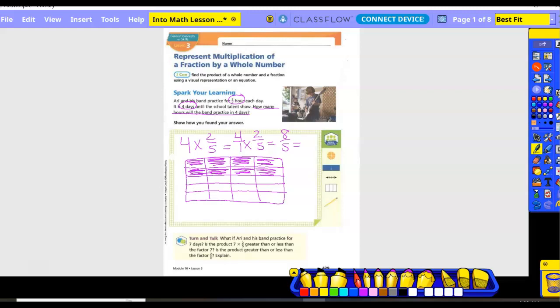How many times does 5 go into 8? 1. 1 times 5 is 5. 8 minus 5 is 3. And I keep my same denominator of 5. Can that be simplified? No, because 3 and 5 do not share common factors. Okay, so that is simplified. So 1 3/5 hours.